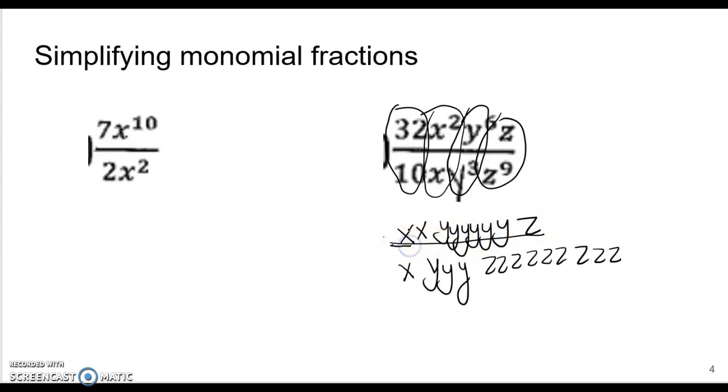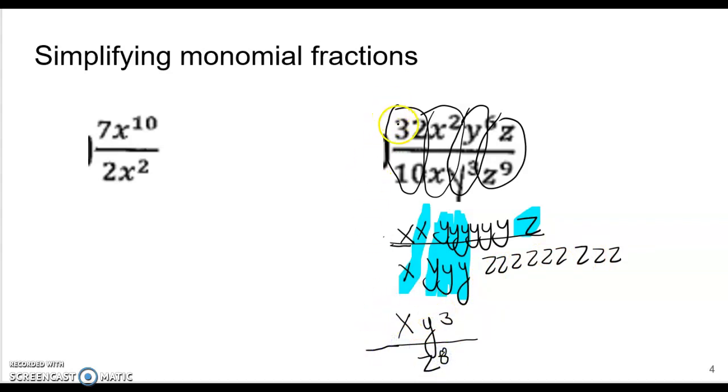so I'm just going to go ahead and do my variables first, and then I can see what cancels out. One of my x's cancels out, 3 y's cancel out, one of my z's is going to cancel out with one of my z's down there, and then I end up with 1 x left on top, 3 y's left on top, and I have 8 z's on the bottom.